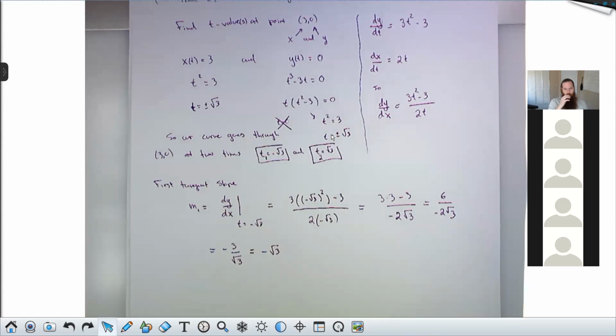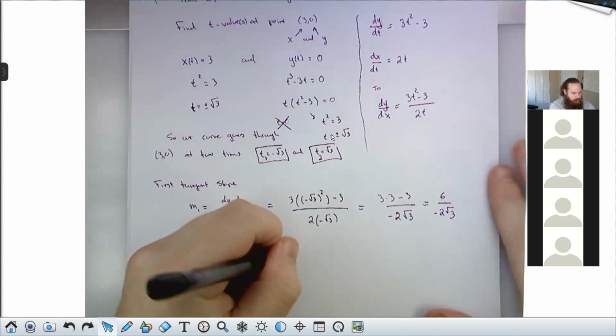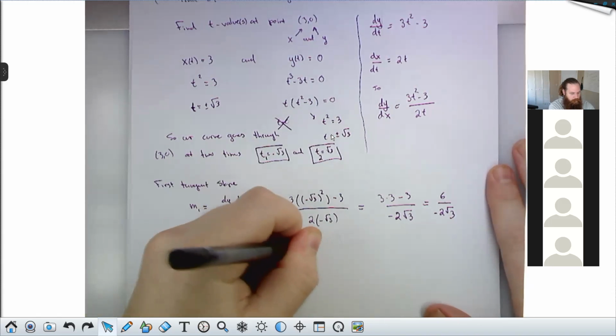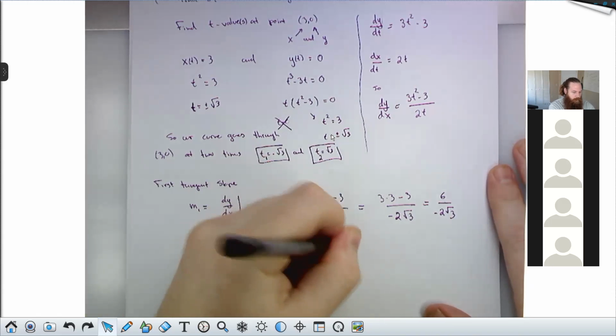So that's your first slope. And the point is still the same point, 3, 0.